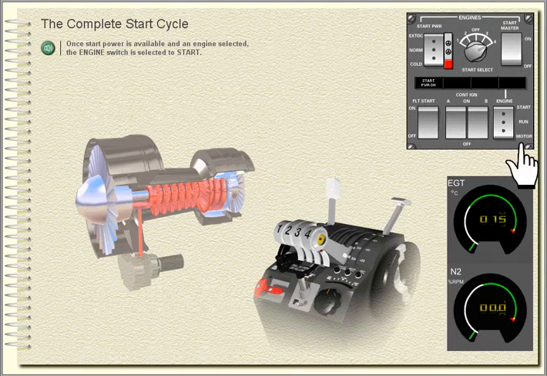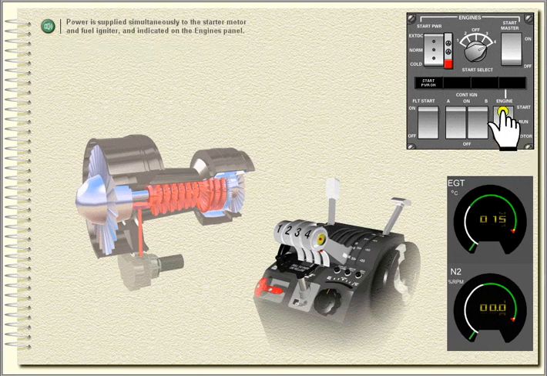The complete start cycle. Once start power is available and an engine selected, the engine switch is selected to start. Power is supplied simultaneously to the starter motor and fuel igniter and indicated on the Engines panel.